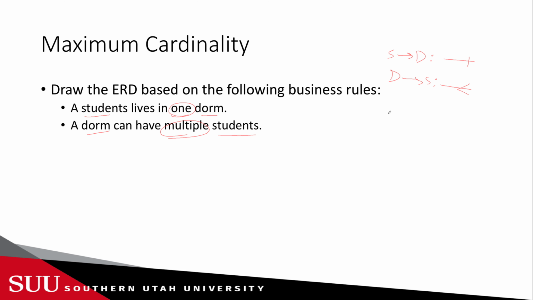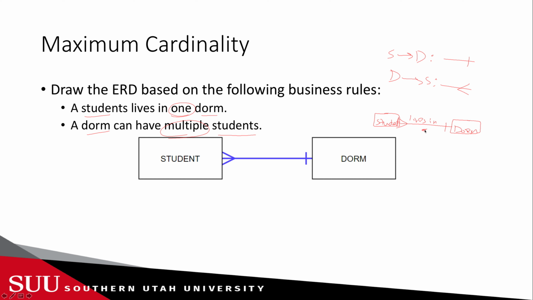And at the end, I will have something like student, and then dorm, and I will have my relationship in here. And we said from student to dorm, it's going to be a bar, and from dorm to student is going to be the crowfoot. And then I will just say lives in. You don't have to specify what's in the bottom. We can just always infer it from what's on the top. And this is our final ERD.